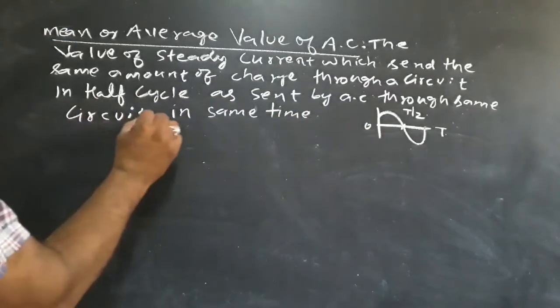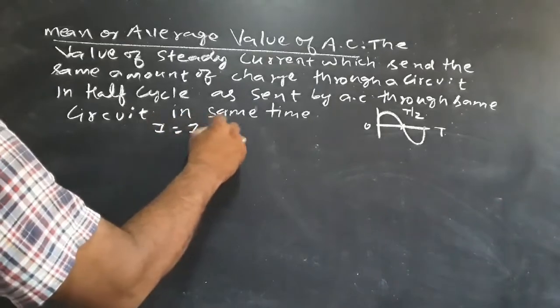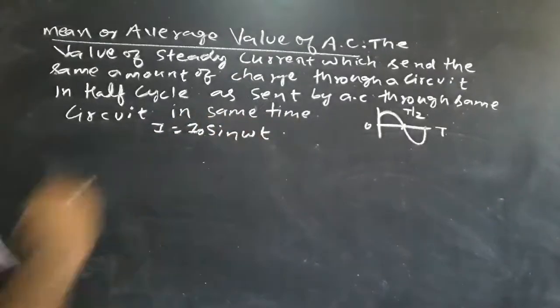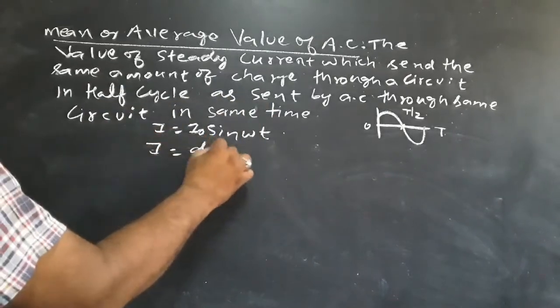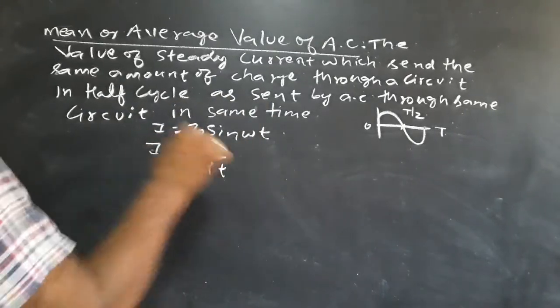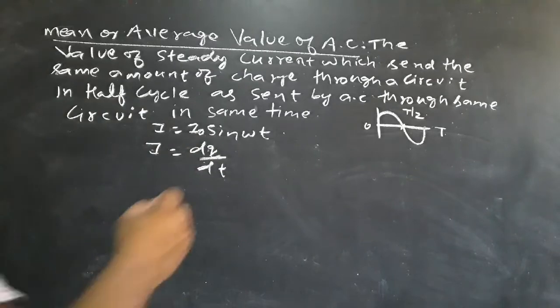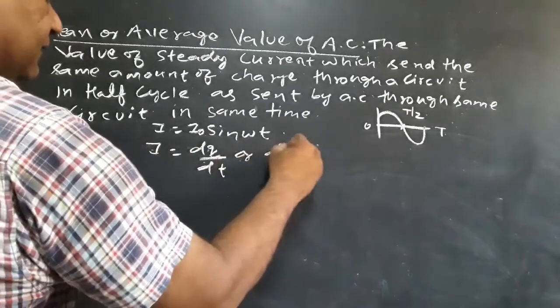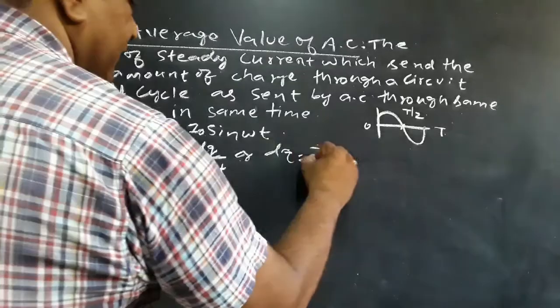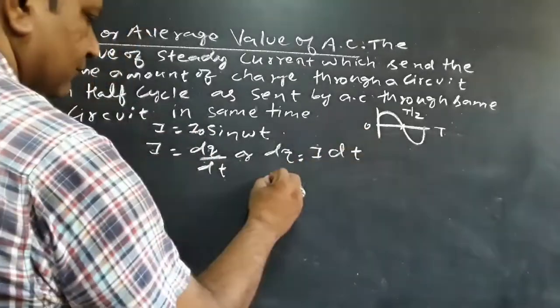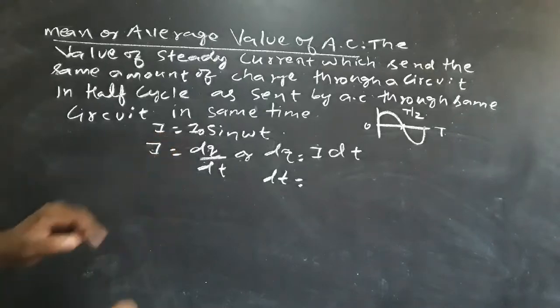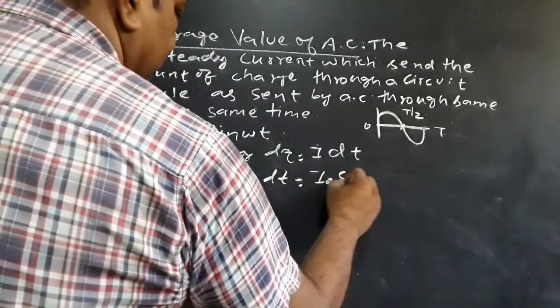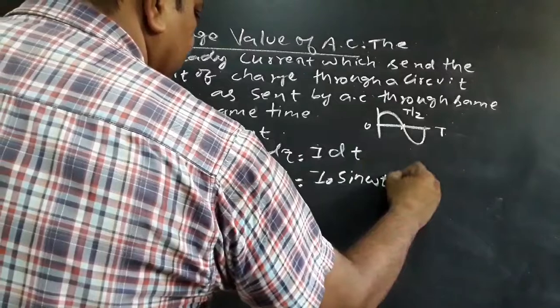Now we know I is equal to I naught sin omega t. We know I is equal to charge upon time, dq upon dt, or we can write dq is equal to I into dt. dq is equal to, put the value of I, I naught sin omega t into dt.